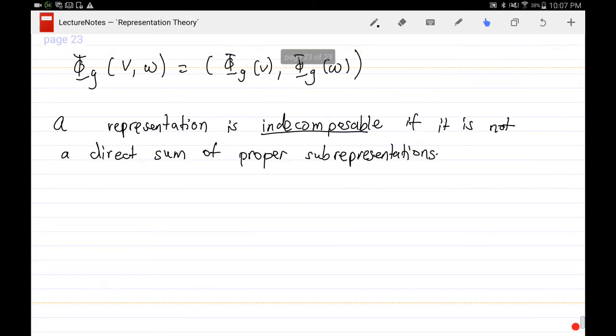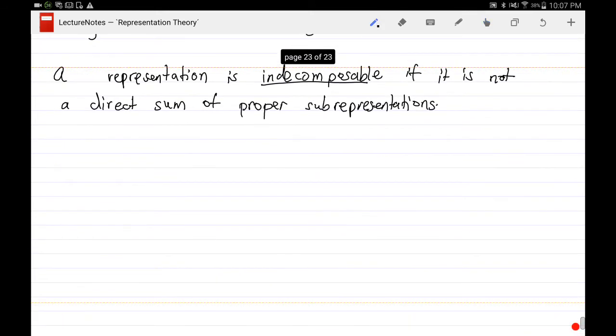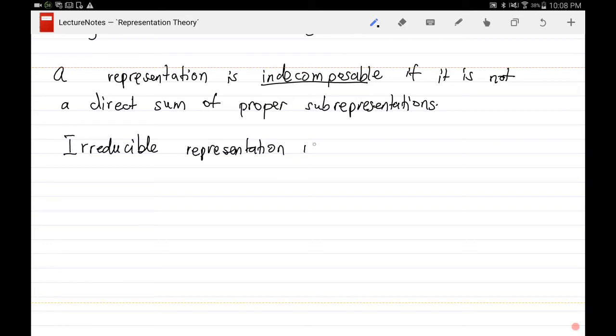So clearly, an irreducible representation is indecomposable. It's indecomposable because it has no proper sub-representation, so it can't be a direct sum of anything that's proper.